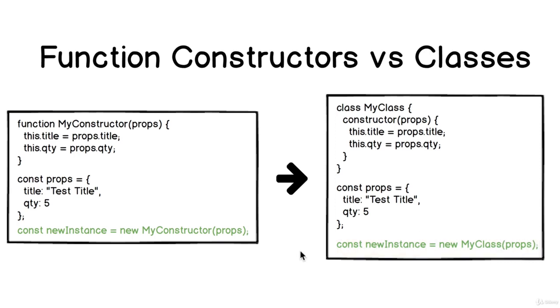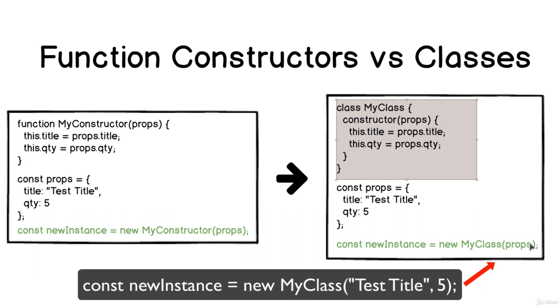Please notice that you can add several parameters either here in this function constructor or here inside the constructor method of the class. I mean that you can add here two parameters, title and quantity, and here don't use a new variable props and pass the title, test title, and quantity 5 directly here as arguments.